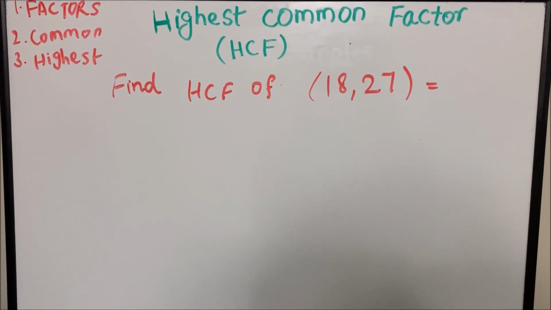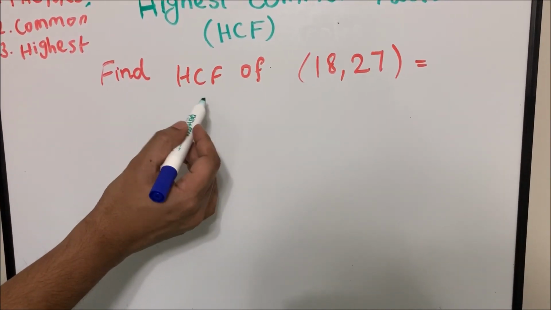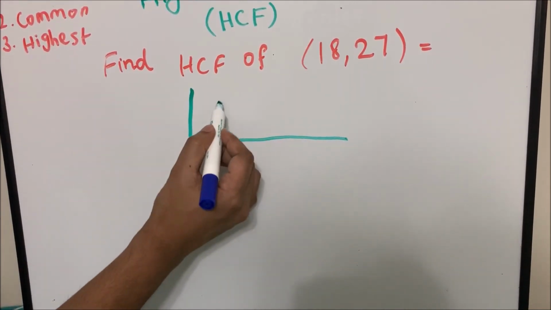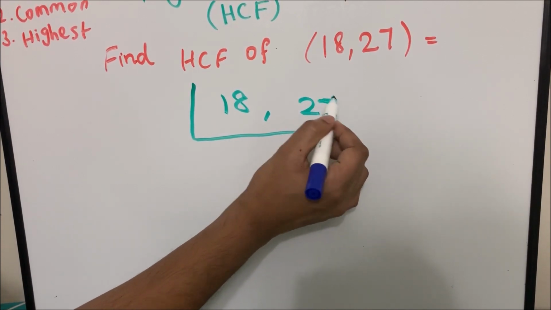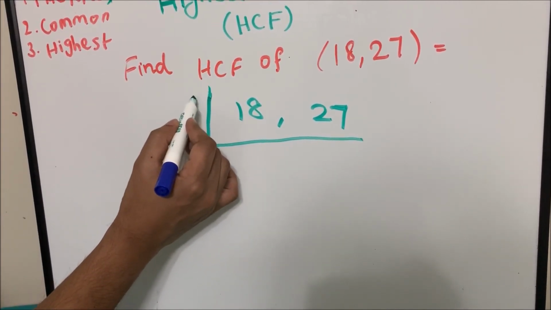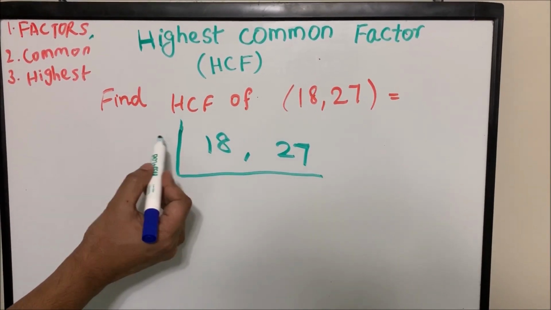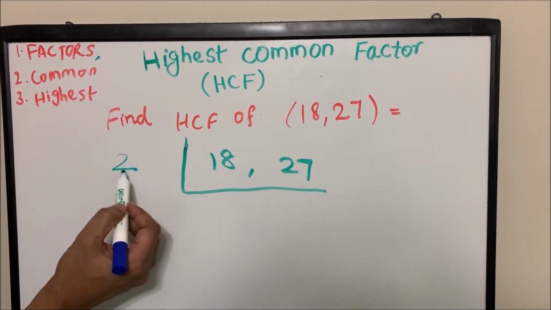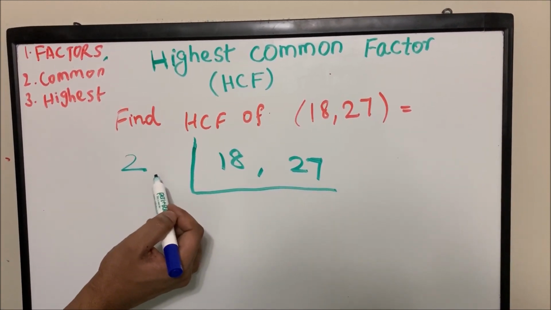If you don't want to factorize and find the HCF, we can do it by another method like this. For the same example, 18 and 27. Let us take a common divisor, let us say 2. 18 is divisible by 2, but 27 is not divisible by 2.